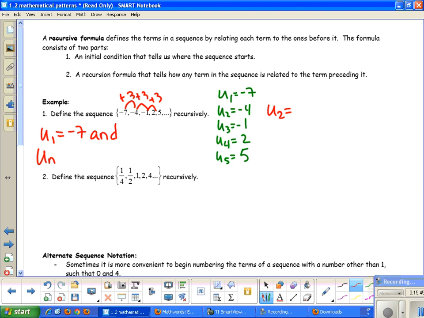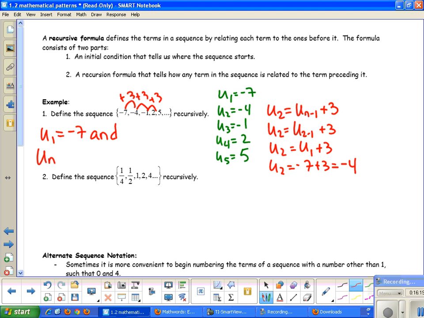So u sub 2 is equal to my previous term, and then plus 3. If I were to plug 2 in here, I would get u sub 2 is equal to u sub 2 minus 1 plus 3. Let's write it underneath. So u sub 2 is equal to u sub 1 plus 3, and we already said u sub 1 is -7, so u sub 2 would be equal to -7 plus 3, which is where I get -4.